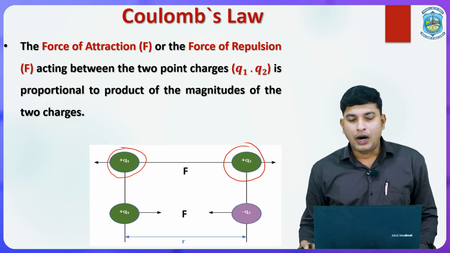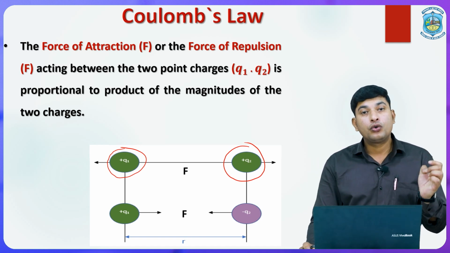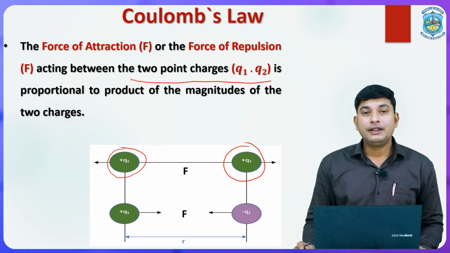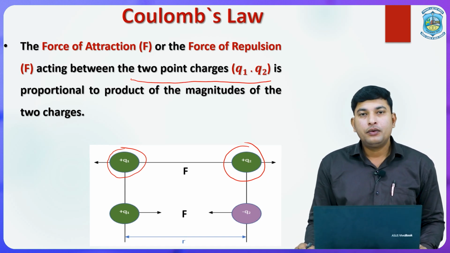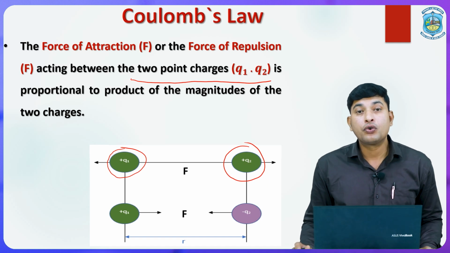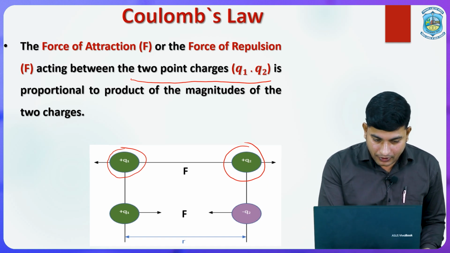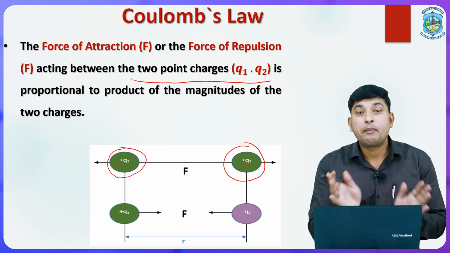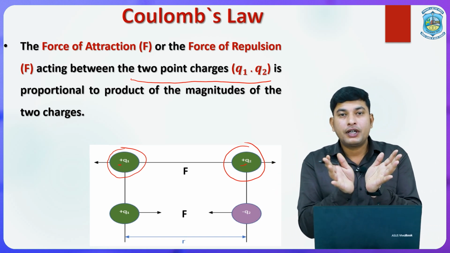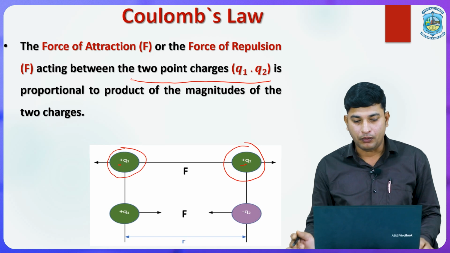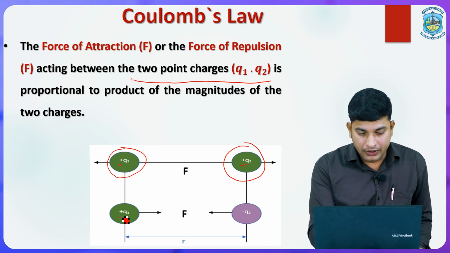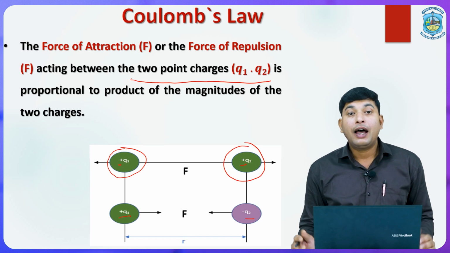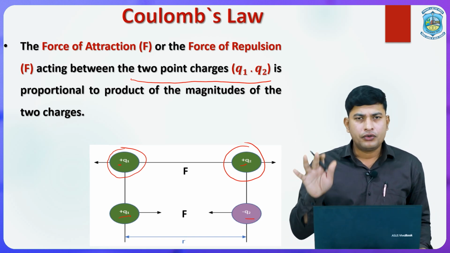So Q1 and Q2 are two point charges, and these two charges continuously exert force on each other. If they have the same charge, like positive and positive, they repel each other, putting force on each other to part away. If they have opposite charges, like positive and negative, they attract each other and exert force at the same time.